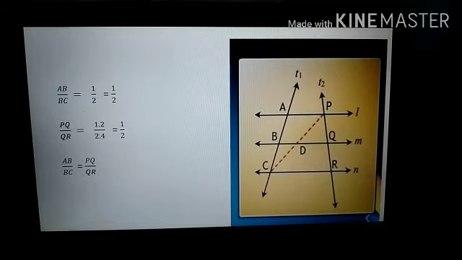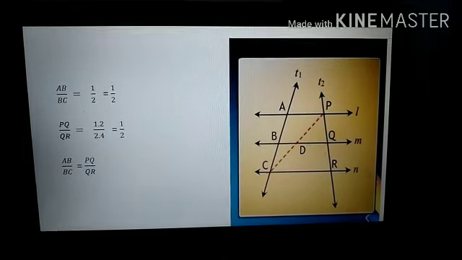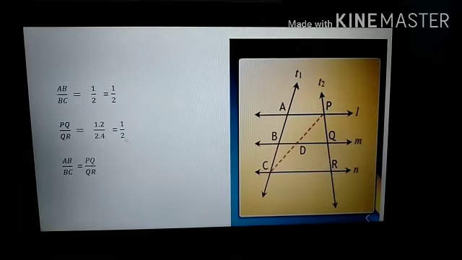So 12 in the numerator and 24 in the denominator is reduced as 12 ones are 12 and 12 twos are 24. So the ratio in its simplest form is 1 upon 2. Observing the ratio AB upon BC and the ratio PQ upon QR, we find both the ratios are equal to 1 upon 2. So I can write AB upon BC is equal to PQ upon QR.